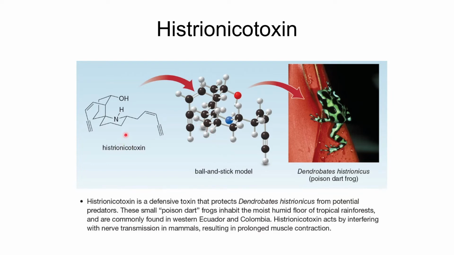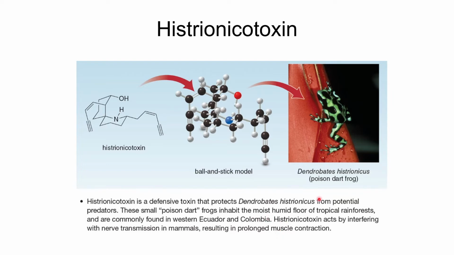Like I said, it is poisonous, and it occurs naturally on the surface of these frogs. It's not super deadly. I wouldn't want to eat it or anything, but it does cause muscle contractions, which makes it very uncomfortable.